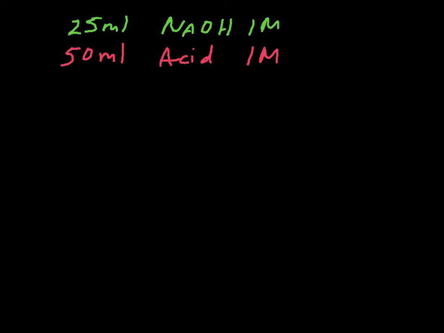So this, in essence, is halfway to the equivalence point, the end when I have equal number of moles of acid as base. And that's always what's going to be the case in a titration. So I'm halfway to H plus equaling OH minus. Alright?